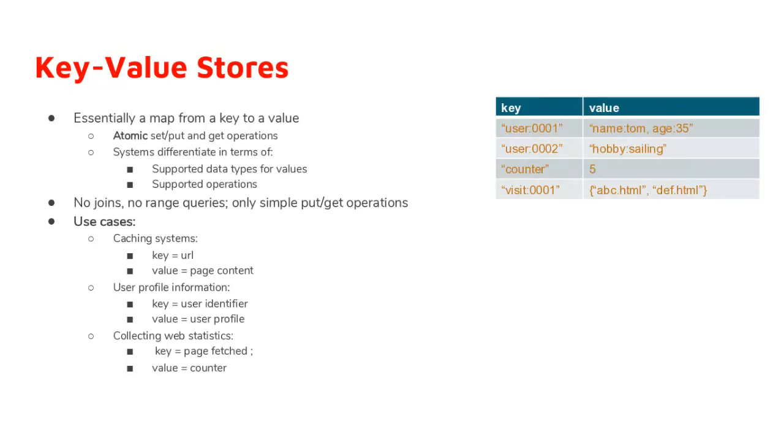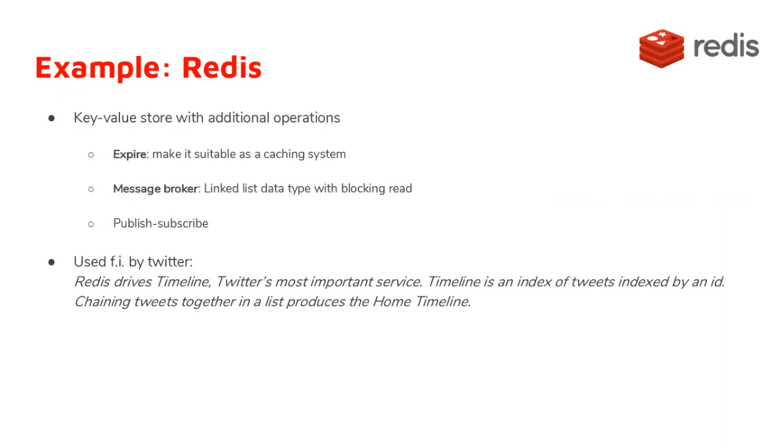And the third use case is web statistics. Here the key is the page, the URL of the web page, for instance, and the value is the number of times the page is visited. So often if you have your own web page, you want statistics on how many times the web page was visited. That's also something you can store in a key value store.